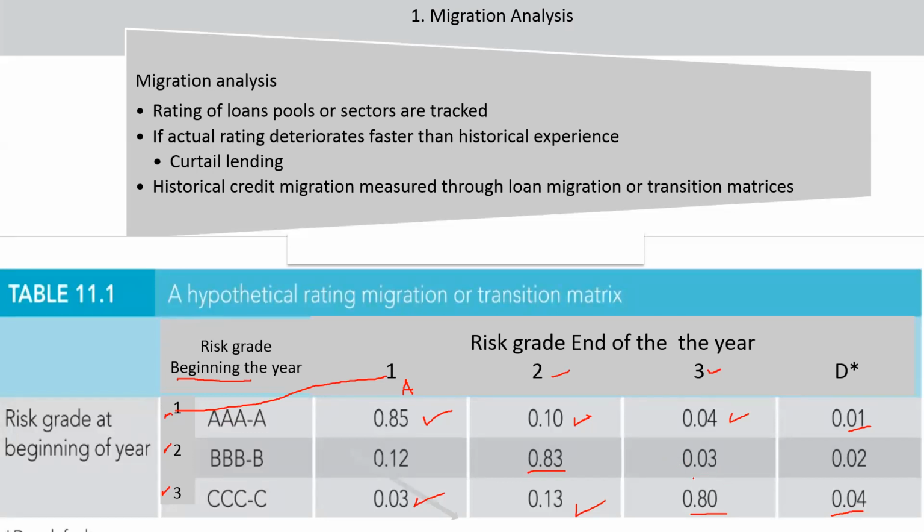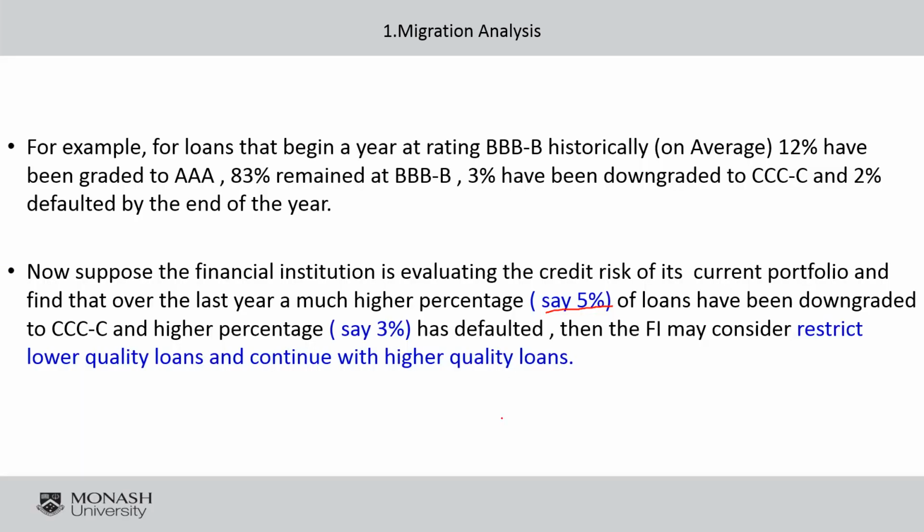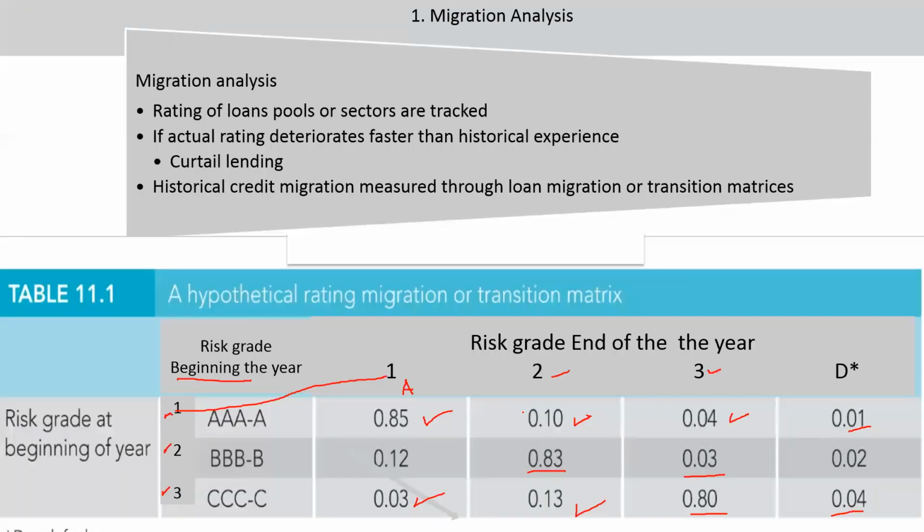And a higher percentage, say 3%, defaulted, while it should be actually 2%.